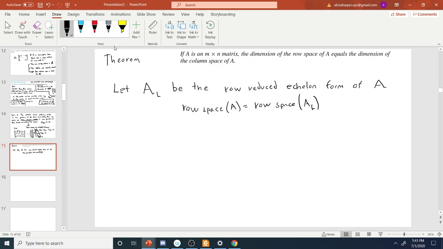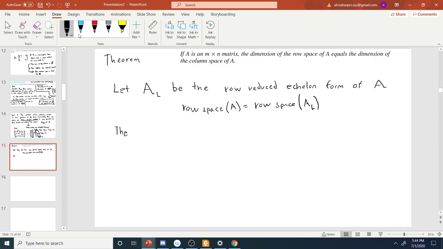Now, further, we can also look at the matrix U_L.